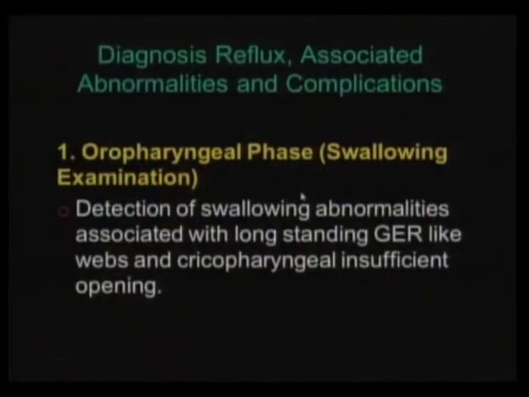This is part of the examination, and it is especially important because endoscopy cannot evaluate this phase. Additionally, there could be causes of the symptoms due to abnormalities in the swallowing. That's the reason this is the first and an important part of the examination.